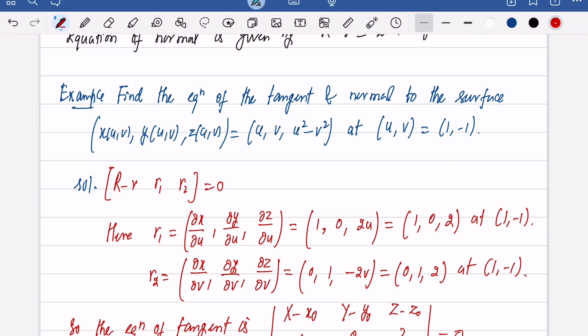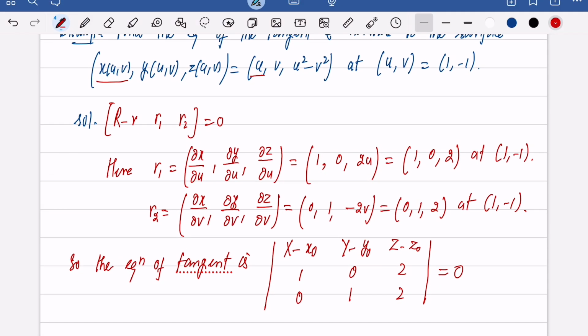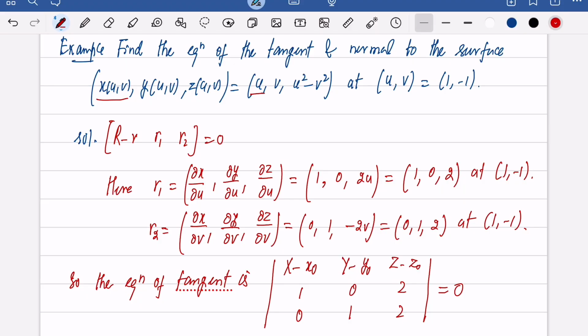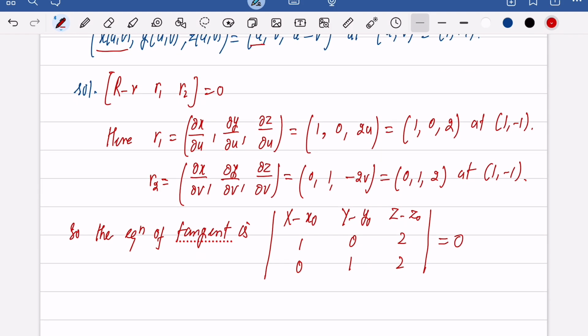Now if we look at the given equation, we have x of uv equal to u, so x naught can be put equal to 1. And similarly y of uv equal to v, that means v is equal to minus 1, so y naught is equal to minus 1. And similarly z is equal to u square minus v square, which is 1 square minus 1 square, that is equal to 0.